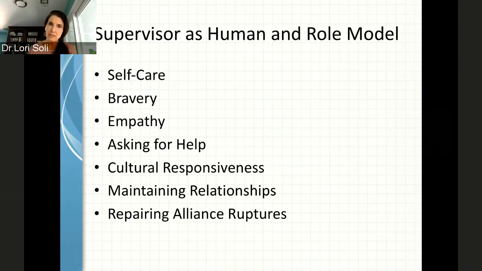Modeling cultural responsiveness. We could go into this. This is an entire day of supervision right here. Developing ourselves as culturally responsive supervisors and clinicians, I can't underscore that enough. It is something that we have to do on an ongoing basis. I don't know how many of you were in any of the sessions yesterday. There were some fantastic sessions that highlighted some amazingly important culturally responsive skills that supervisors could incorporate.